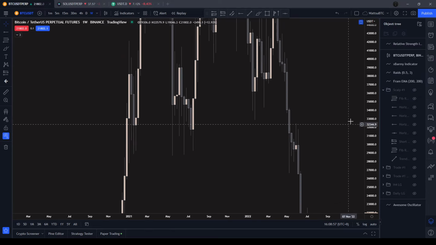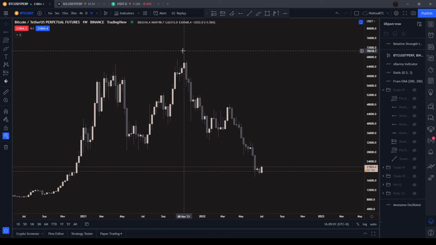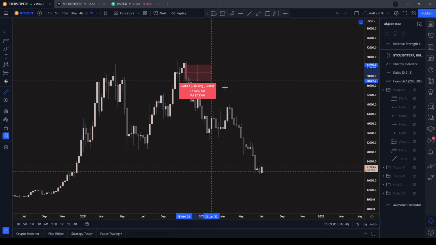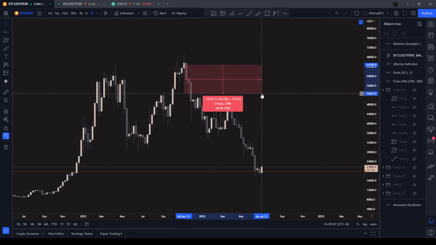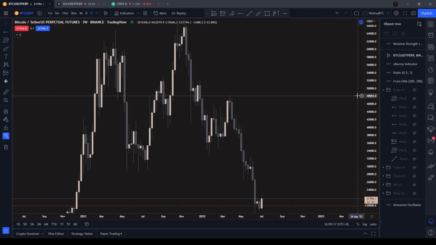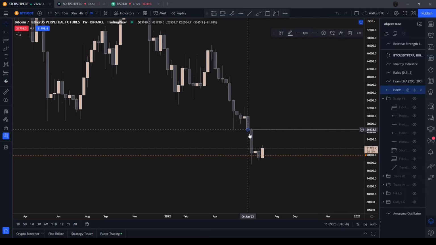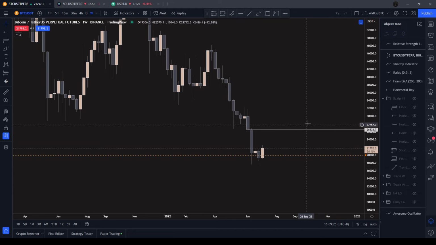Okay, just take note that macro is still bearish. We are in a 7-month downtrend. 7-month: November, December, January, February, March, April, May, June, July. 8 months of downtrending. So keep that in mind. And there's no immediate reversal. There's no reversals yet. I would think that there would be if we manage to reclaim 26.5.